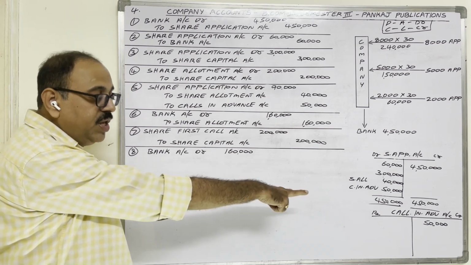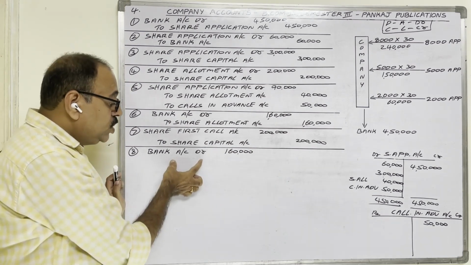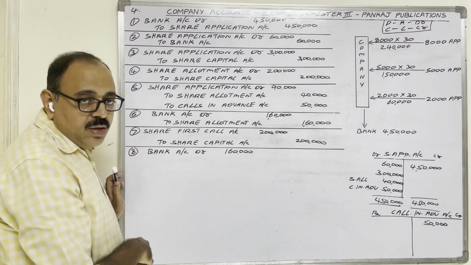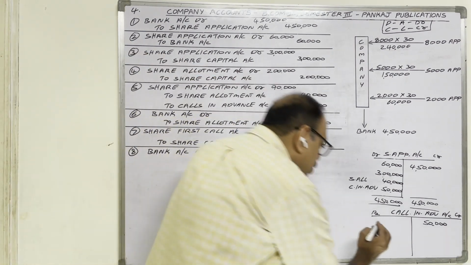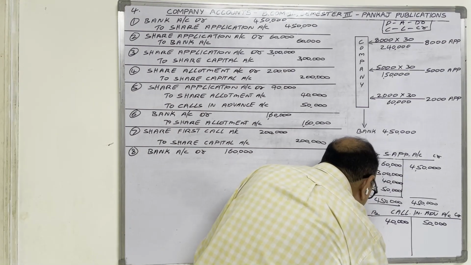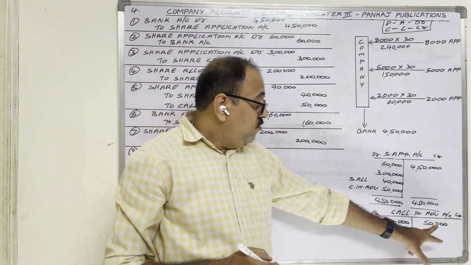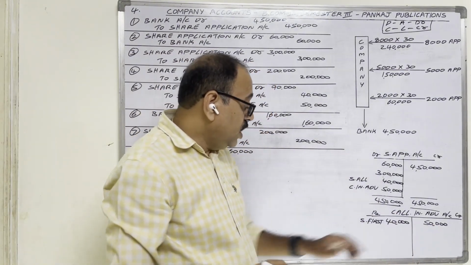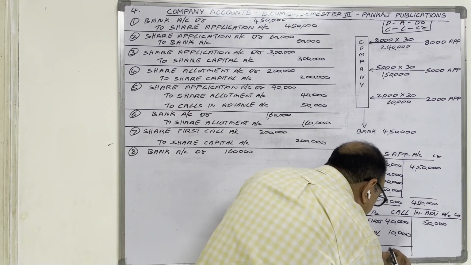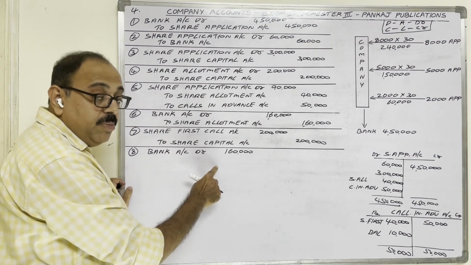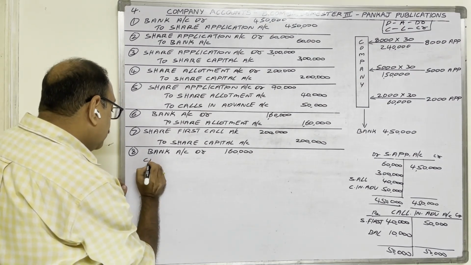Now from this 50,000, company wants to adjust 40,000 towards first call money. Then 40,000 will be debited to share first call account. Now the remaining balance in calls in advance account is 50,000 minus 40,000, 10,000. Total 50,000, two sides. Which account we should debit? Calls in advance account.